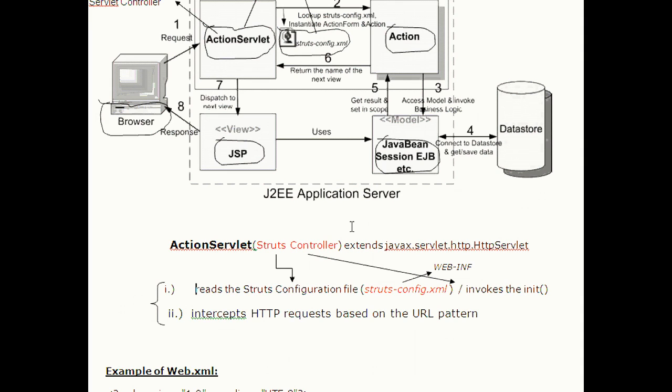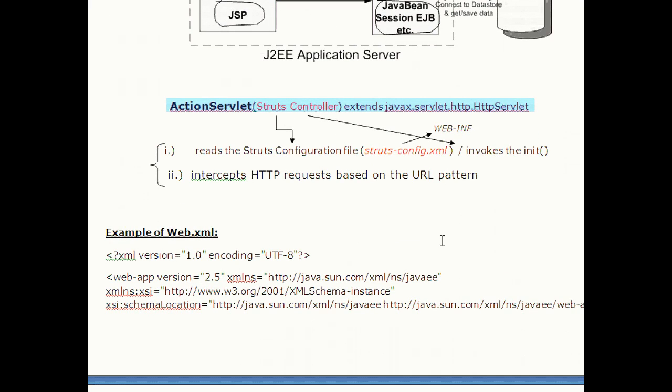Once a client request is received, the action servlet reads Struts configuration file and loads it into the memory. How does action servlet read Struts configuration file? Normally inside your web module you will be having web application deployment descriptor file called web.xml.